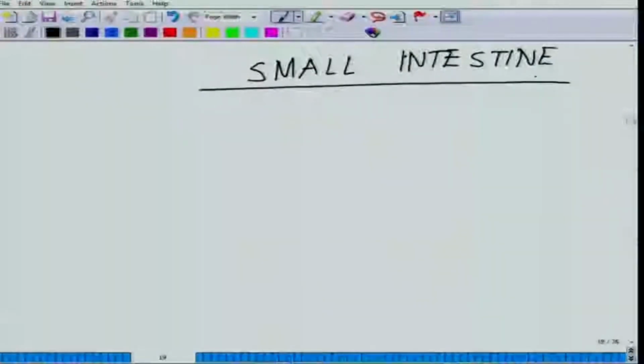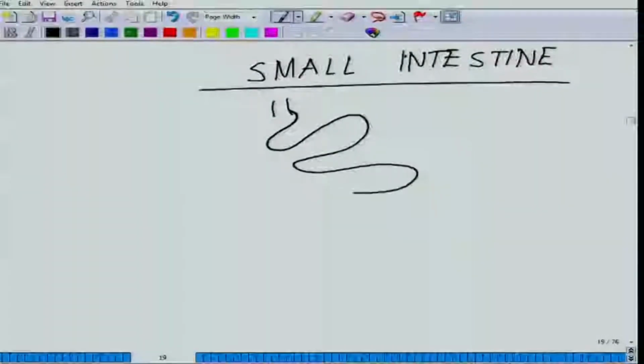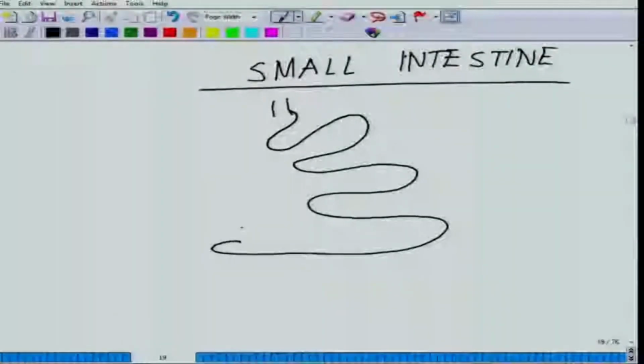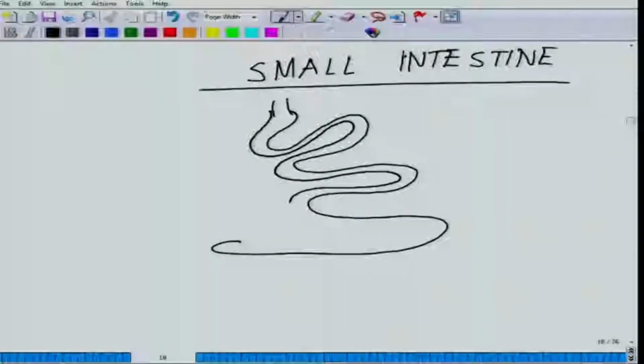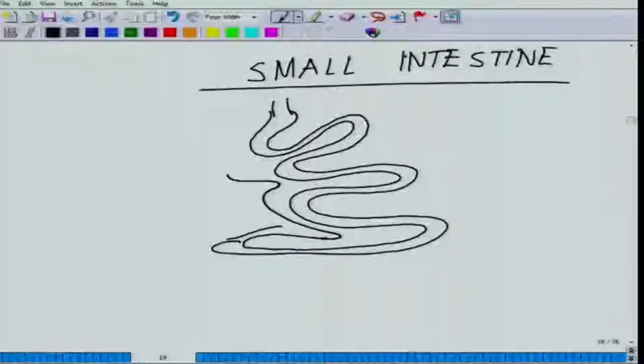The anatomy of the small intestine, if you look at it. The food from the stomach moves, and then there is a series of structures like this. It's a long loop-like structure, something like this.